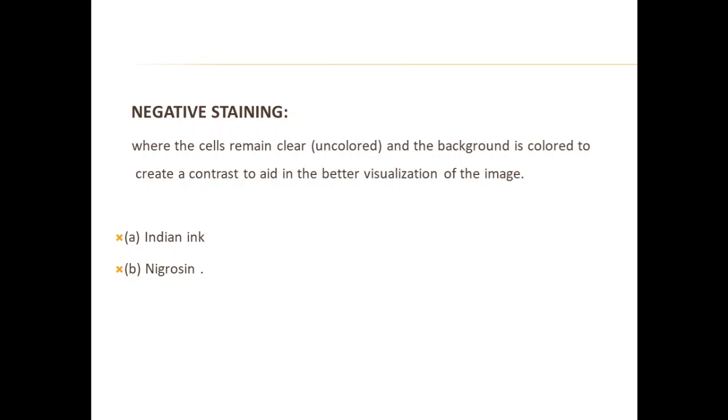This form of negative staining uses acidic dyes, because generally the bacterial cell surfaces have a negative charge on them. So they generally attract the positively charged dyes, that is your basic dyes. When it is an acidic dye which has a negative charge, it is easily repelled. So acidic dyes like Indian ink and nigrosin are used in negative staining methods.